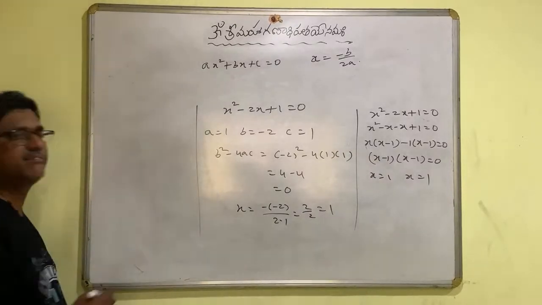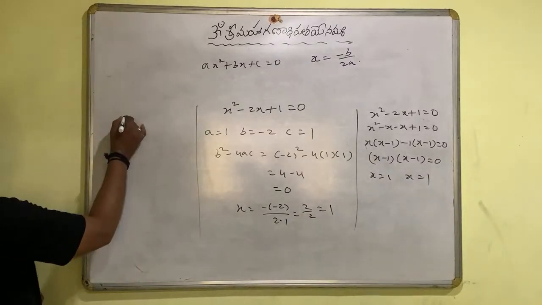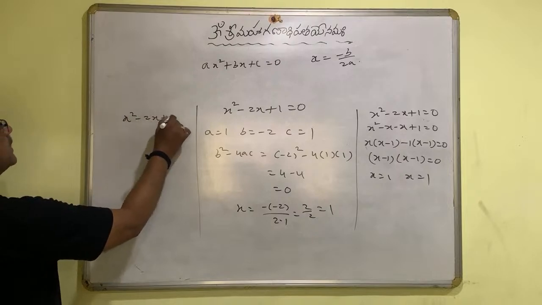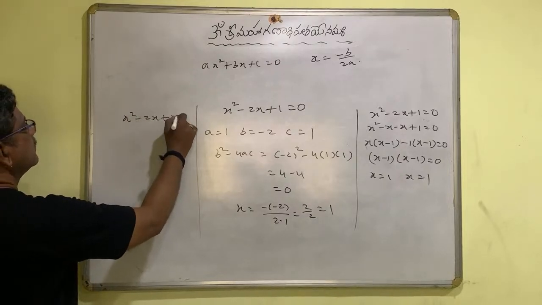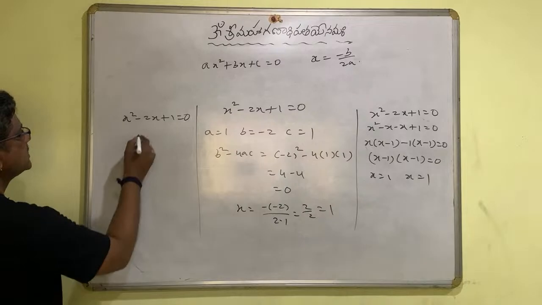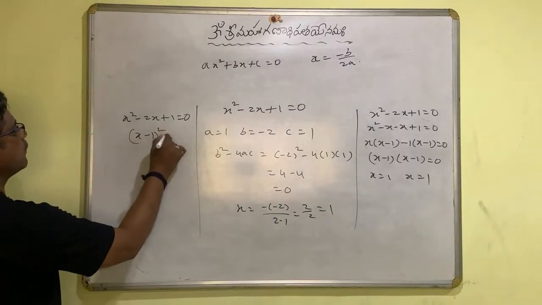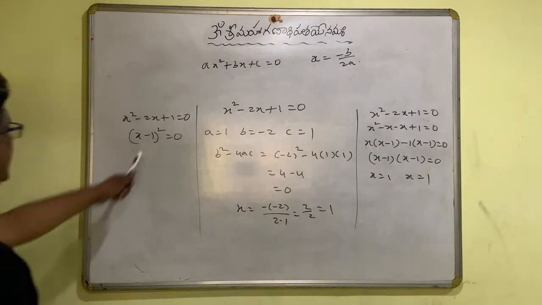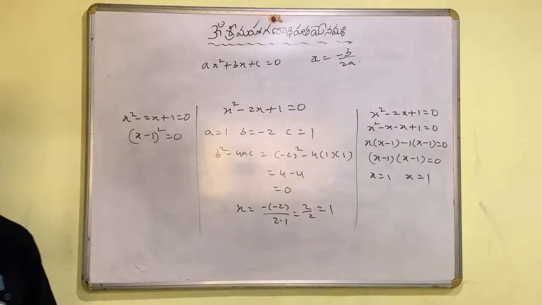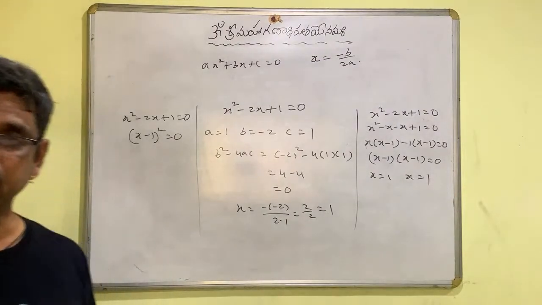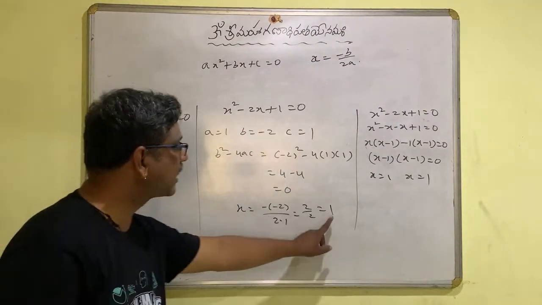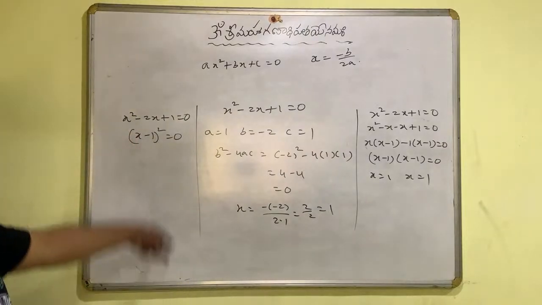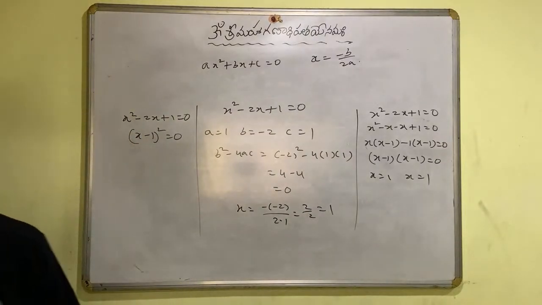One more interesting fact is that this x square minus 2x plus 1 is nothing but x minus 1 whole square. So with this, what can we conclude?